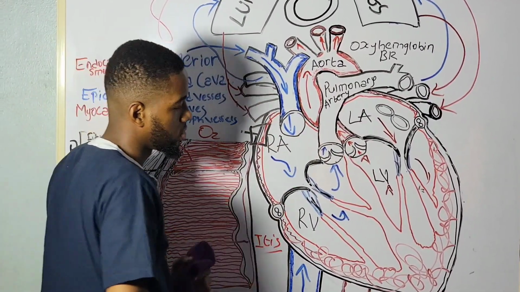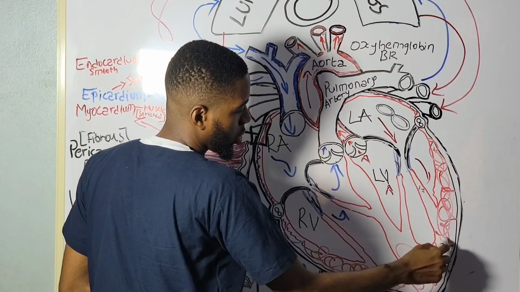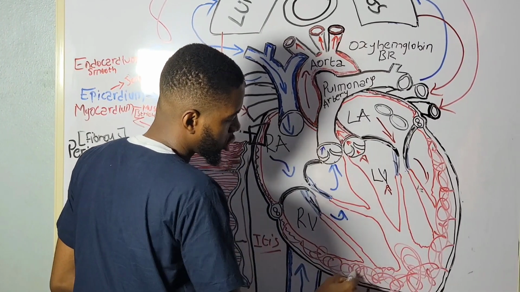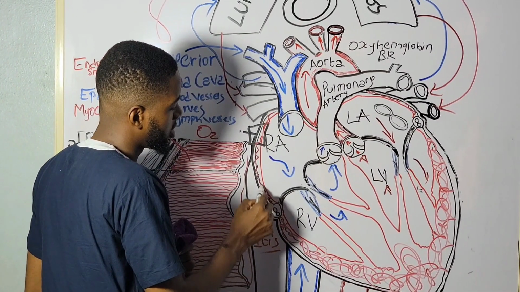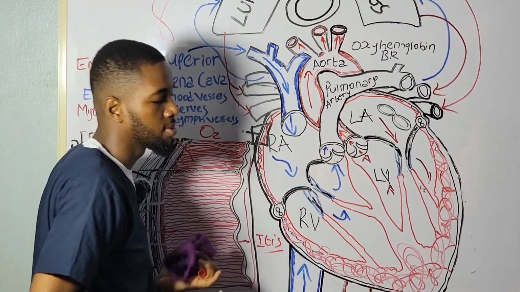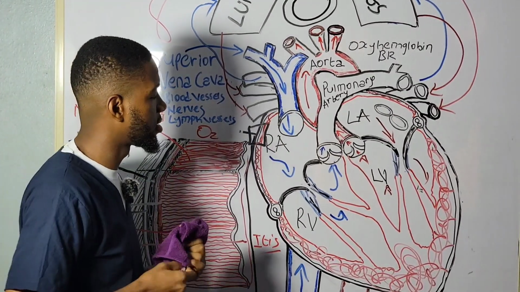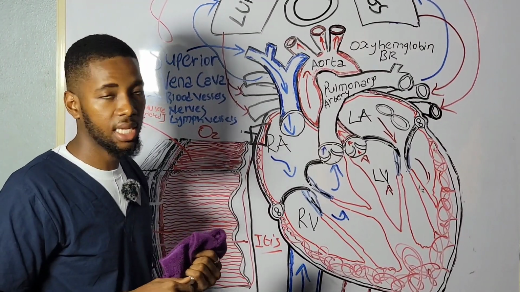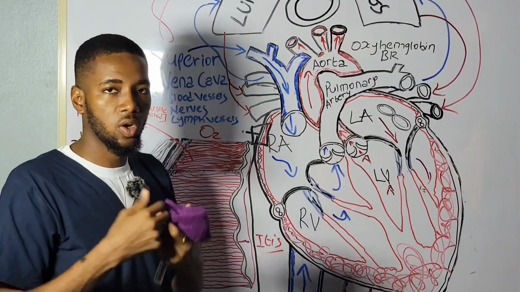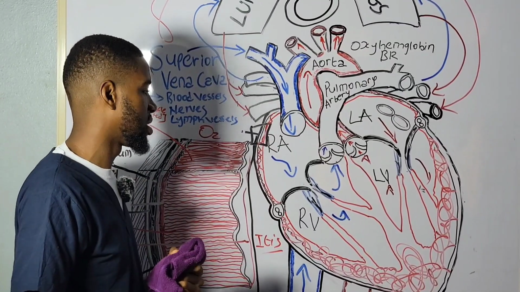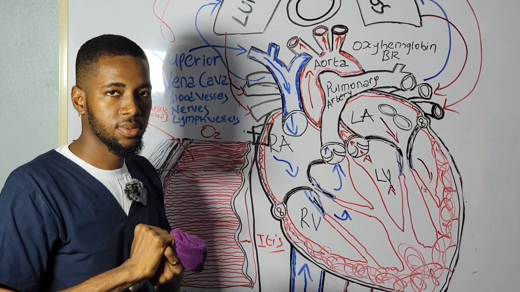And something else you notice here, this swirling motion I formed here is simply how the muscles of the heart are connected in bands, but here they are interlocked, or they are connected to each other.